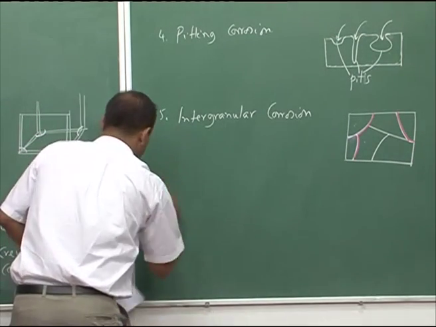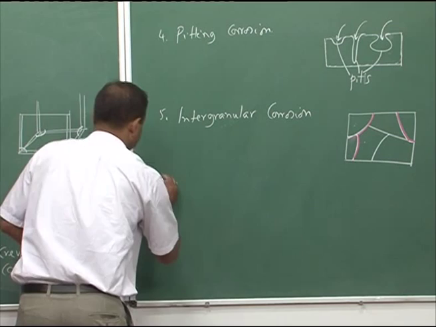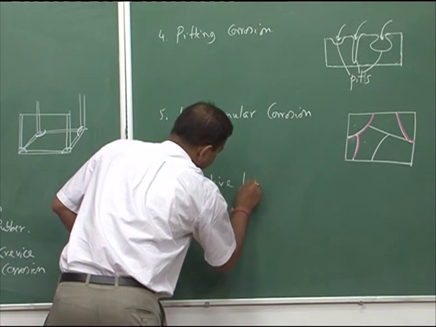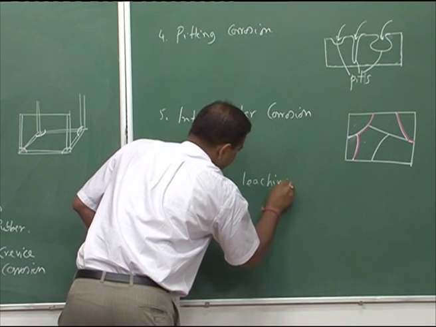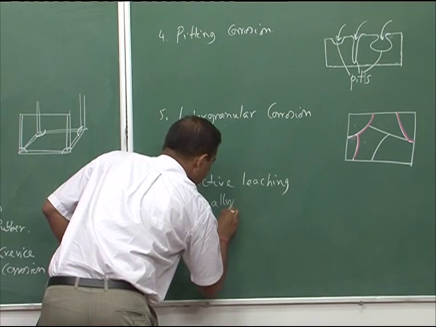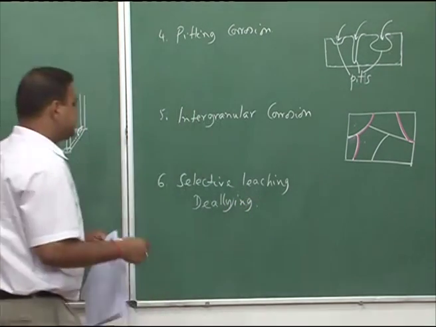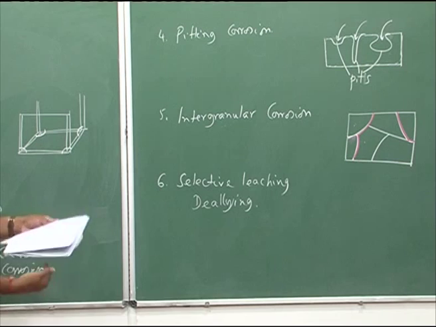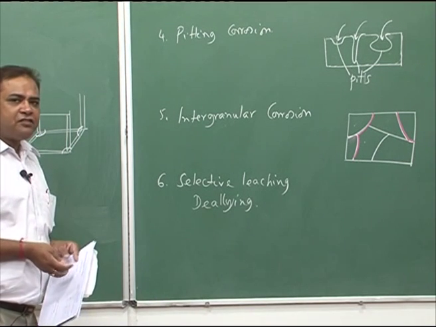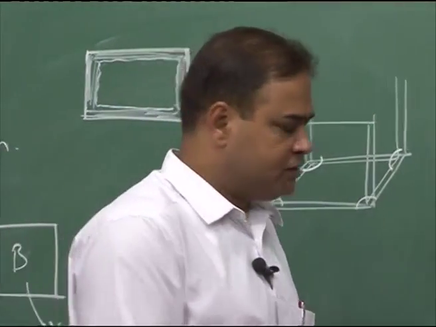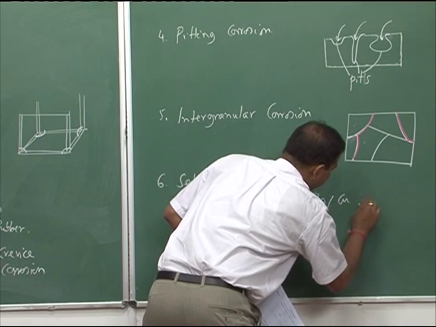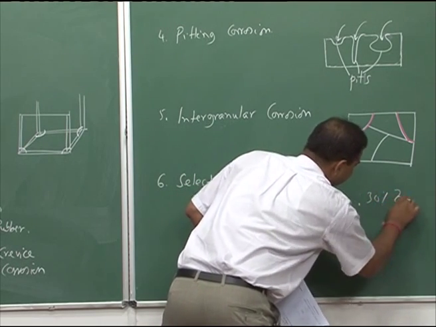Then we have selective bleaching, or de-alloying. This is a very, very common problem in the case of brass, or 70-30 brass: 70% copper and 30% zinc.